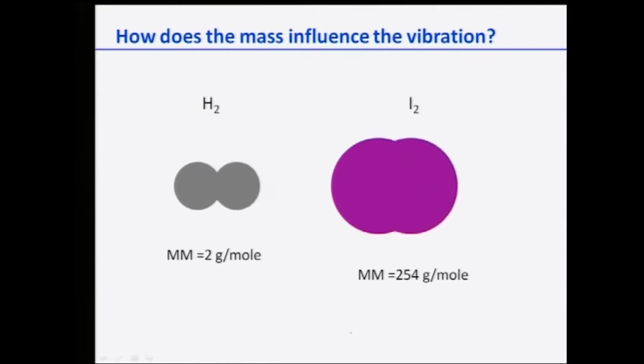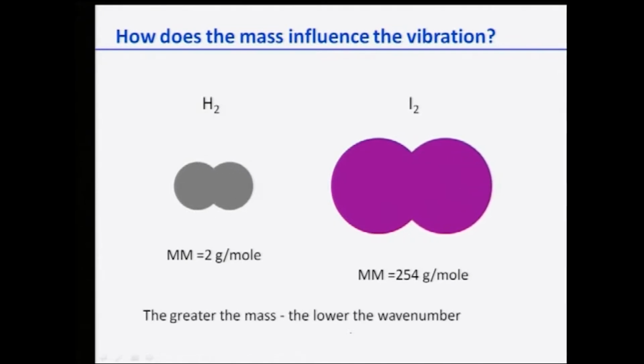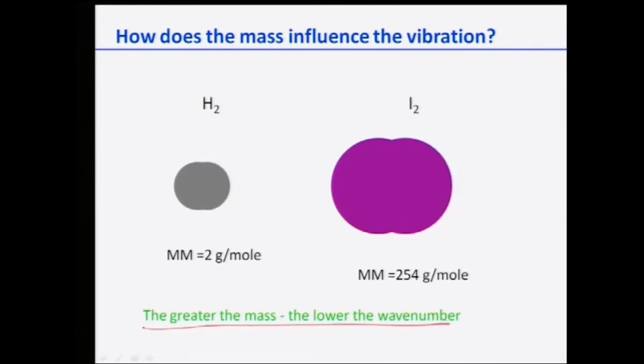The hydrogen molecular weight is 2 grams per mole, and for iodine it is 254 grams per mole, a huge mass compared to hydrogen. The idea is that the greater the mass, the lower the wave number for the vibrations to happen. This is also very important, you must try to remember this.